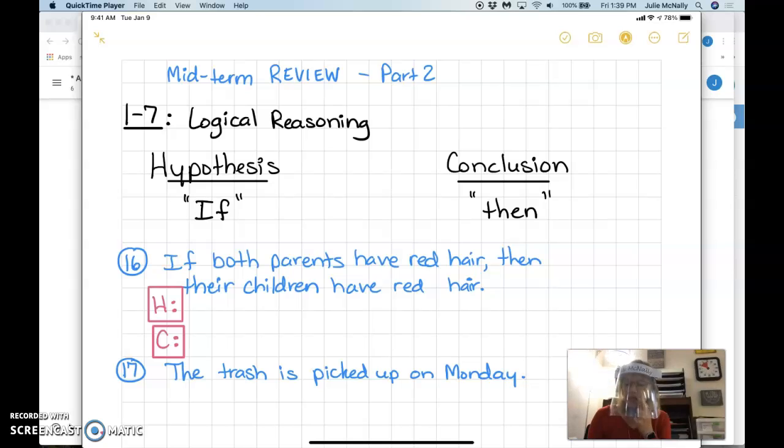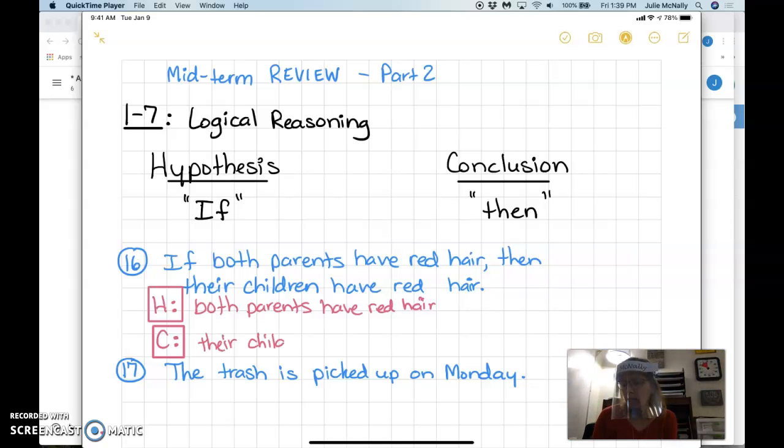The hypothesis of number 16 is what? Both parents have red hair, because it's the if part. Oh no, I'm going to run out of time. I'll try to be fast. And then the conclusion is what? Then their children will have red hair.